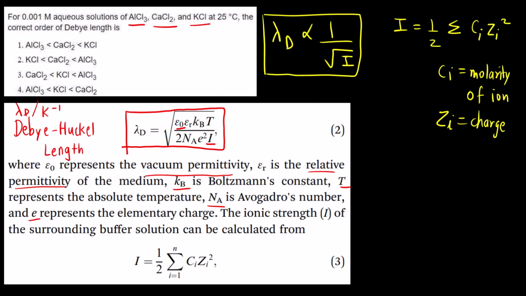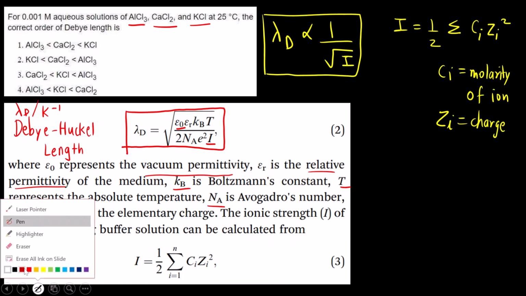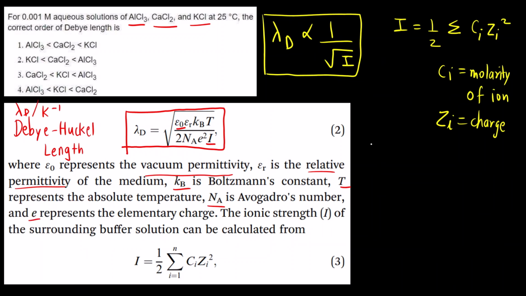Now let us write down the values we have got. Ionic strength for AlCl3 is 0.006, for CaCl2 is 0.003, and for KCl is 0.001.